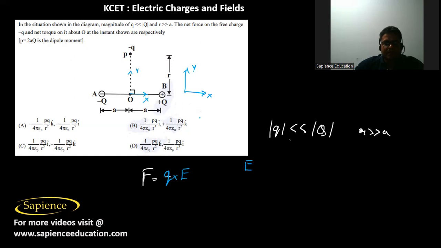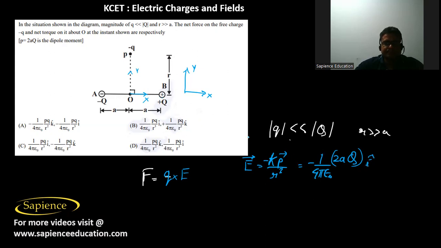And the electric field at any point on the equatorial plane of an electric dipole is given as minus kp by r cube. So this will be minus k, which is 1 by 4 pi epsilon naught, into p vector, which is 2aq into I cap.